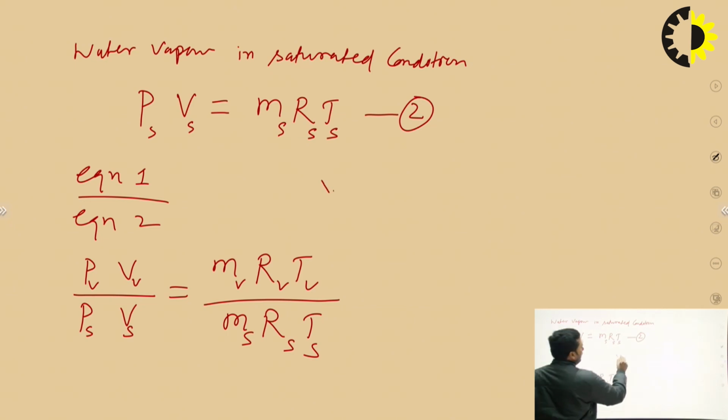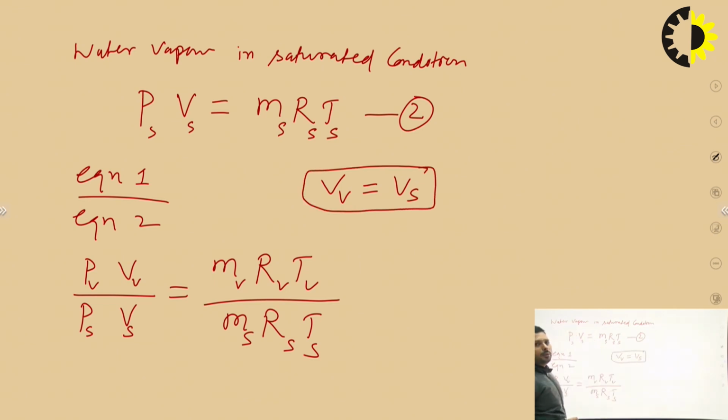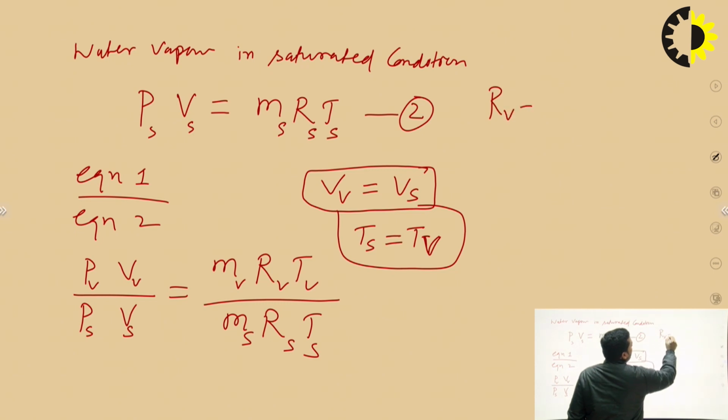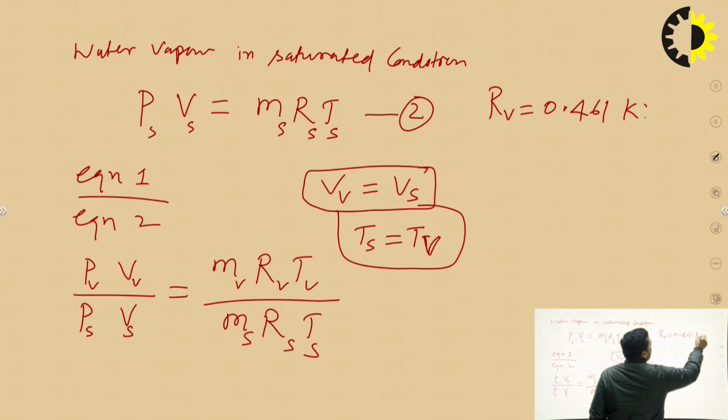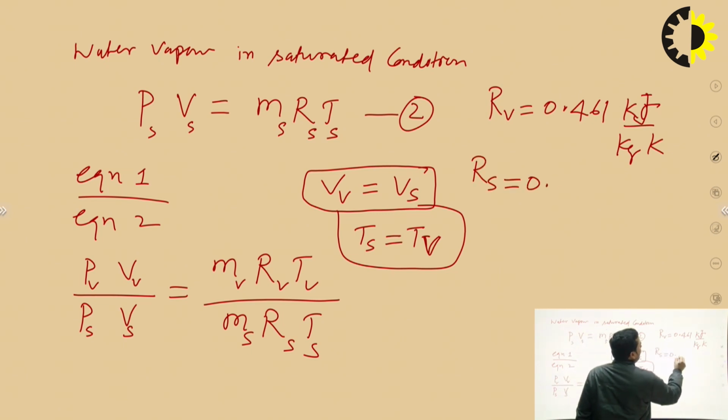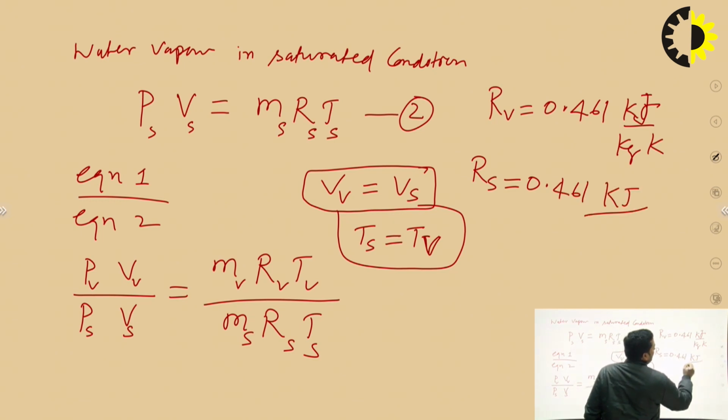According to the definition, the volume is the same, and the temperatures Tv and Ts are also the same. The gas constant for water vapor is 0.461 kilojoule per kg Kelvin, and in saturated condition the gas constant Rs is also 0.461 because there are water molecules only.